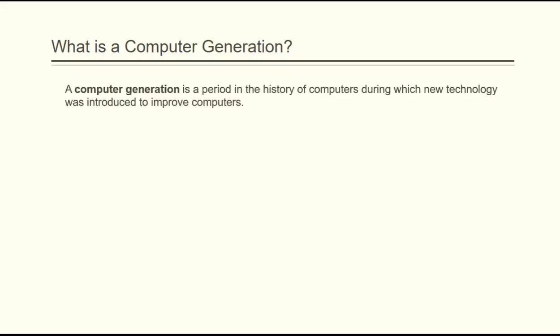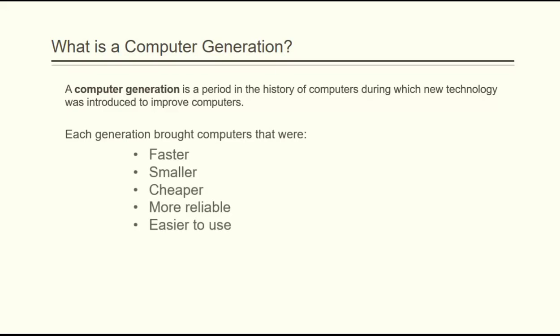So, a computer generation is a period in the history of computers during which new technology was introduced to improve computers. So, each generation brought computers that were faster, smaller, cheaper, more reliable, and easier to use.